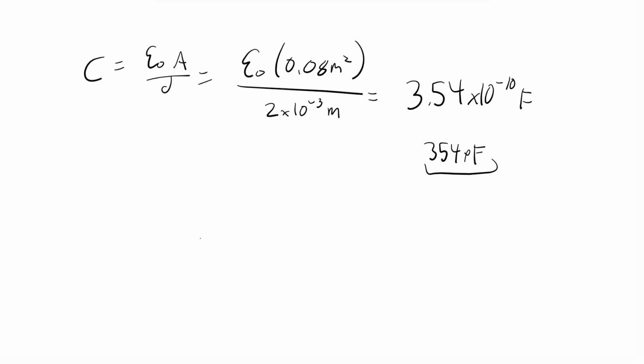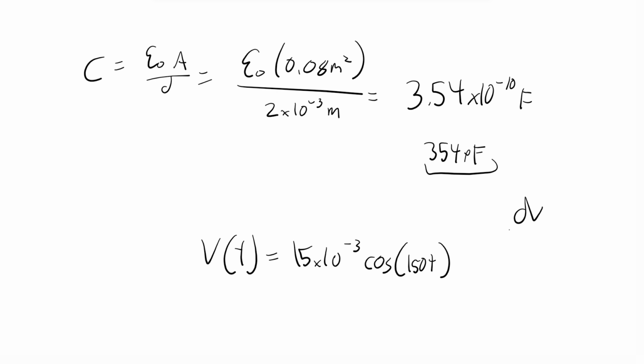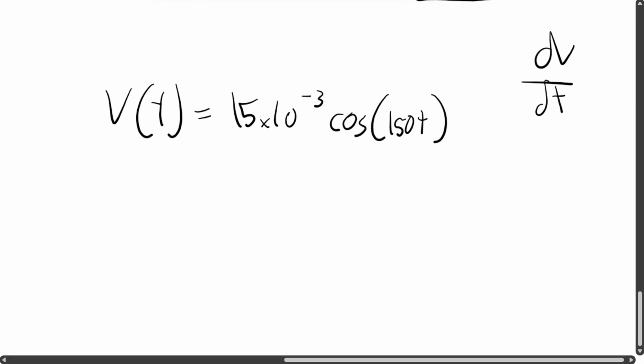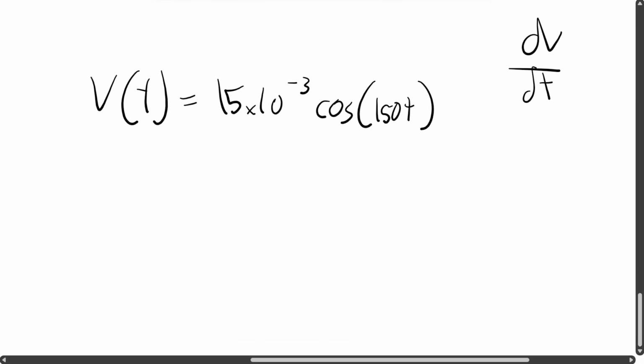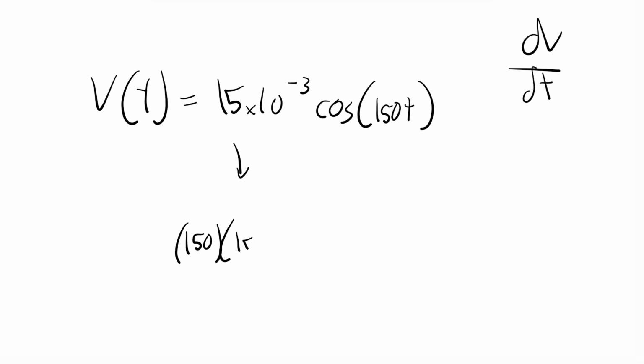The other piece of this is that we're given V of t, and that's equal to 15 times 10 to the minus 3 times cosine of 150t, but we're not given dV/dt. All we have to do is take the time derivative of this formula, and we get 150 times 15 times 10 to the minus 3, get a negative sign, get a change in our trig term, 150t.